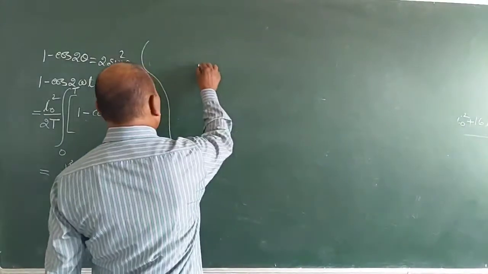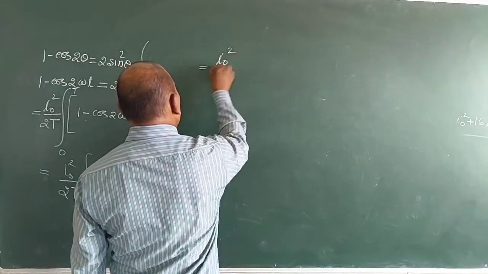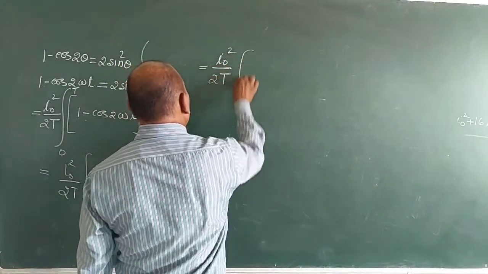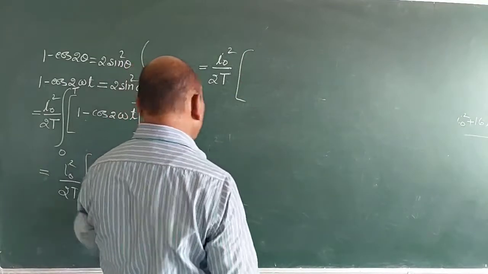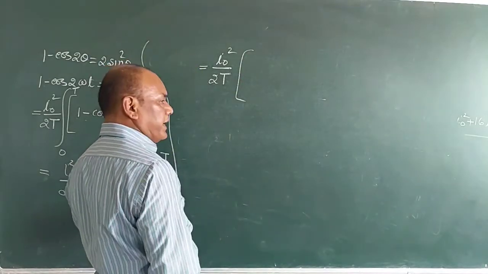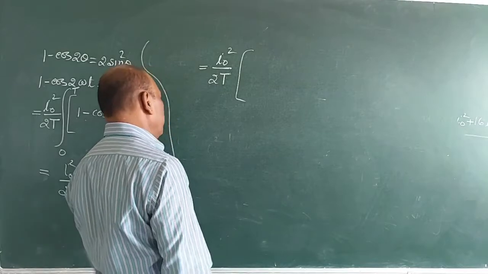Now I0 square upon 2t, on evaluating we have to subtract the lower limit from the higher limit.